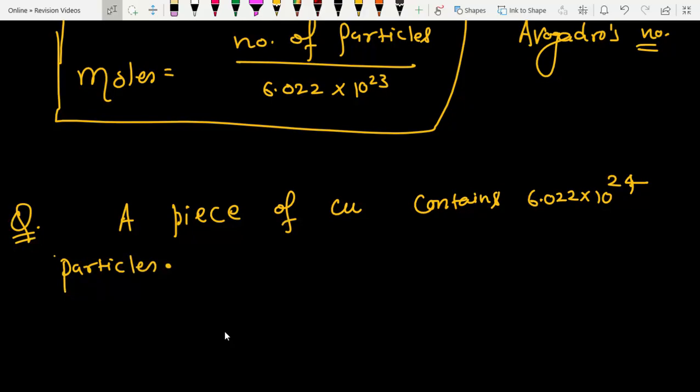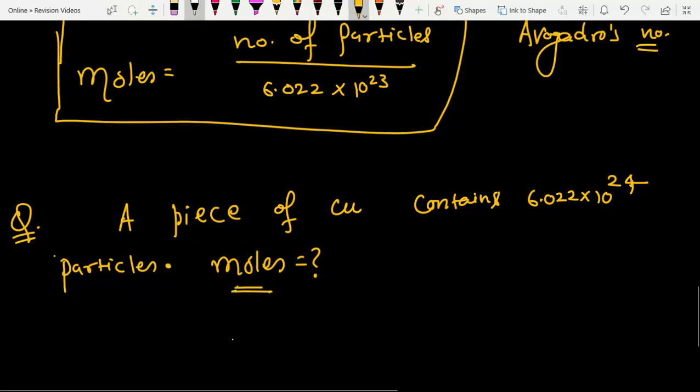Then calculate how many moles of copper atoms will be there in this sample? So the number of particles is given. As you can see, we have copper, which is our atom, and the number of copper atoms is given in the question. This is the number of particles.